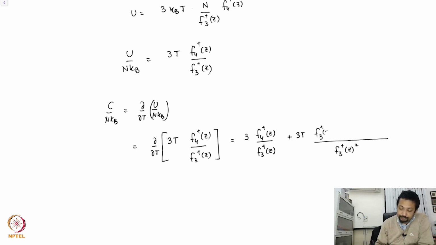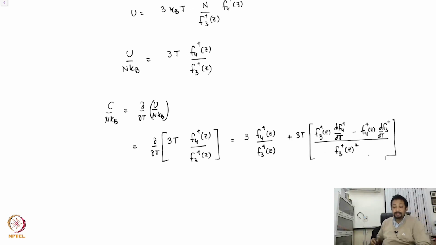F3 plus of Z dF4 plus dT minus F4 plus of Z dF3 plus dT. Let's be careful with this to see whether everything is consistent now.